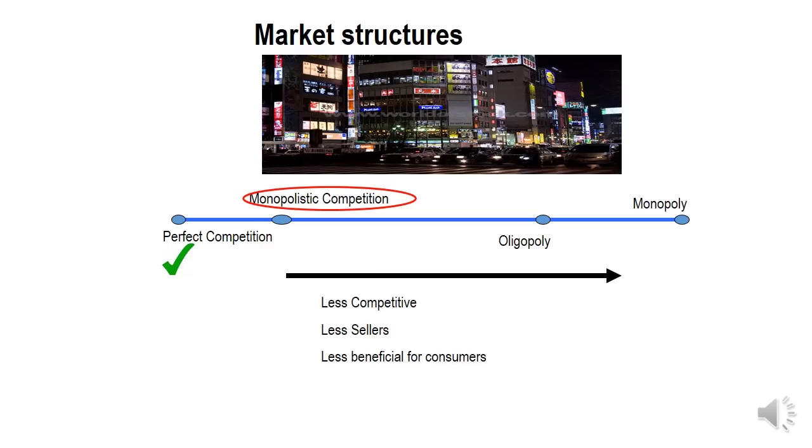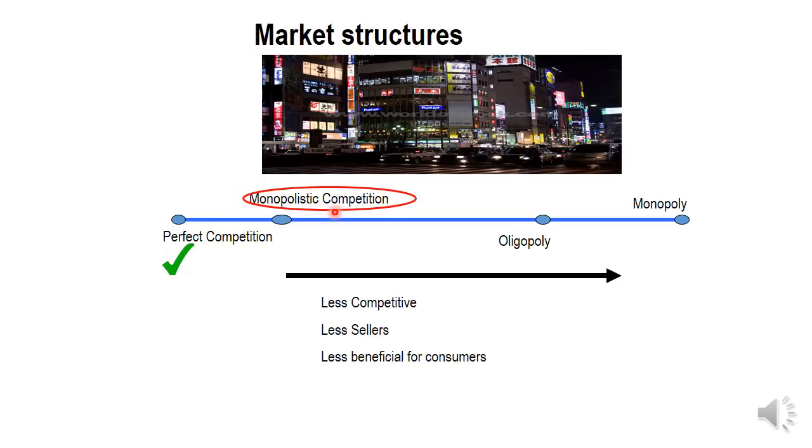Now, let's move on to monopolistic competition. When you look at this table over here, you see that I position monocom closer to perfect competition. Monopolistic competition has many characteristics of perfect competition, and it is one of the most competitive market structures that we can get in real life.